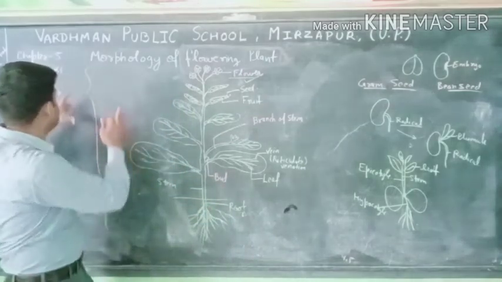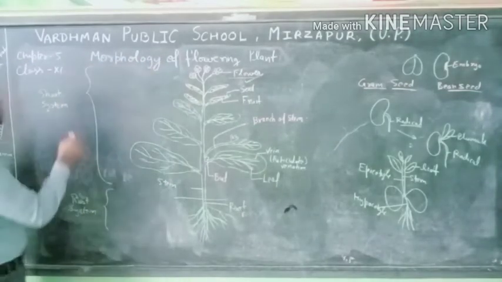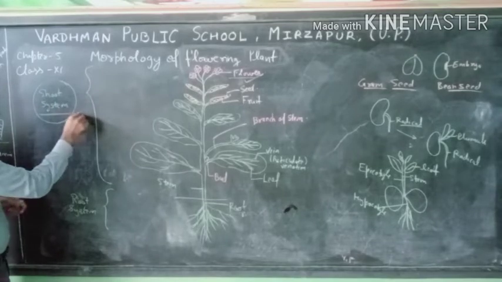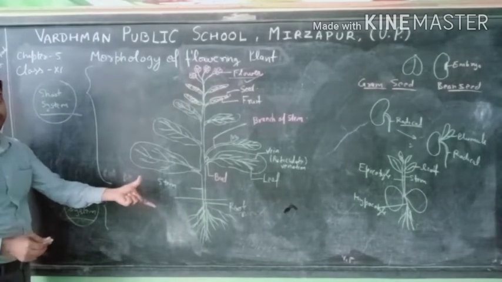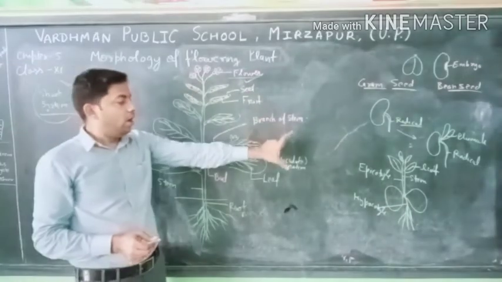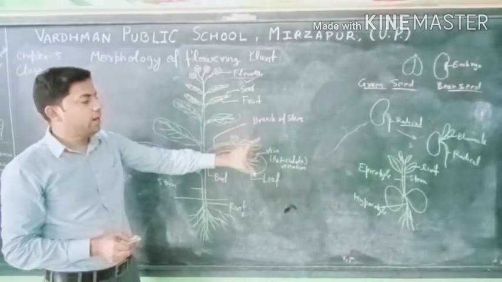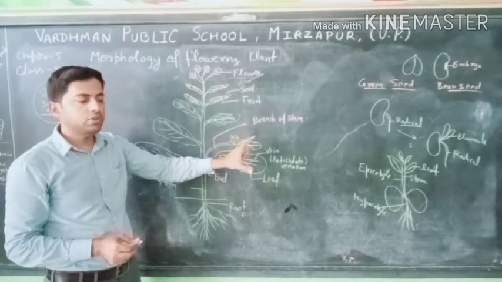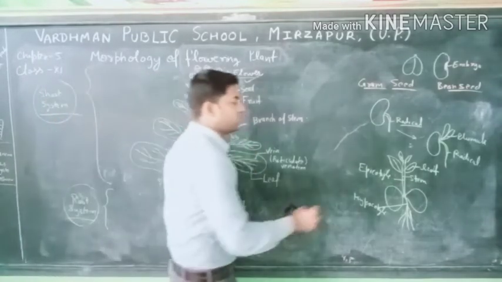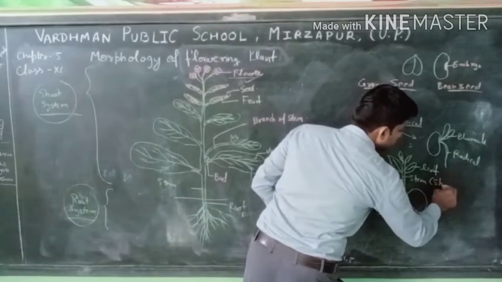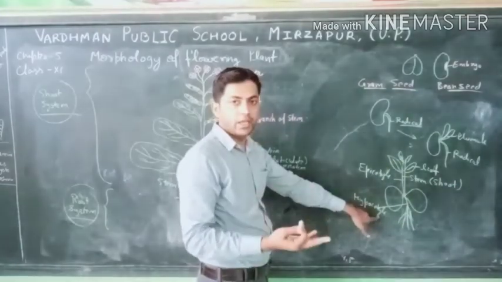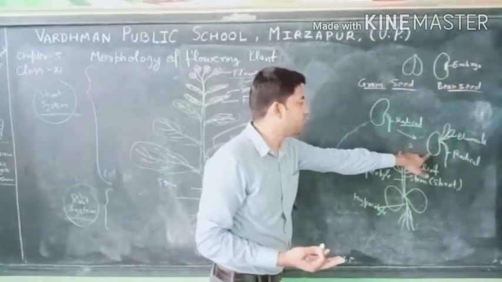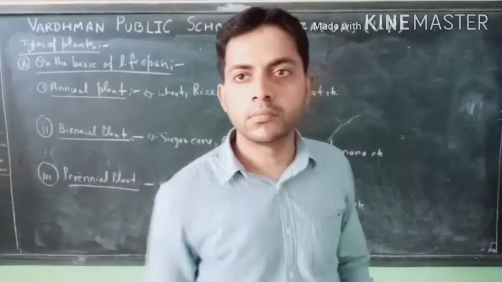Due to this, the upper part of the plant is known as the shoot system, while the lower part of the plant is known as the root system, because all the upper part of the plant is synthesized due to the modification of the stem, that is known as shoot, and the lower part is synthesized due to modification of the radicle, further known as root.